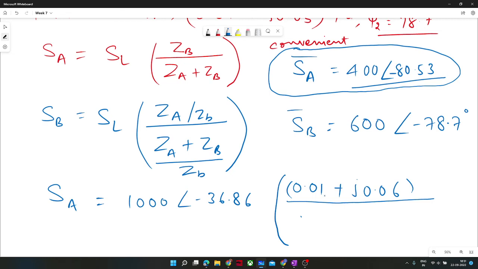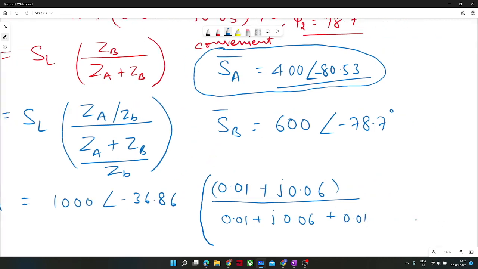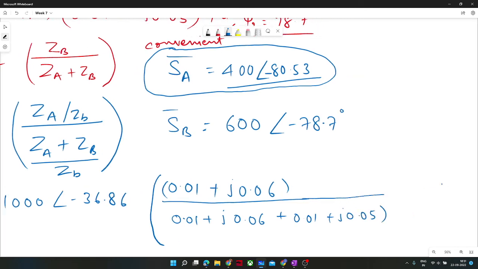This is per unit for ZA. And here I will add 0.01 plus j 0.06 plus 0.01 plus j 0.05. So this is per unit I have done, ZB divided by ZA plus ZB. If I multiply with Z base here also and here also, it will come in actual format. No issue.